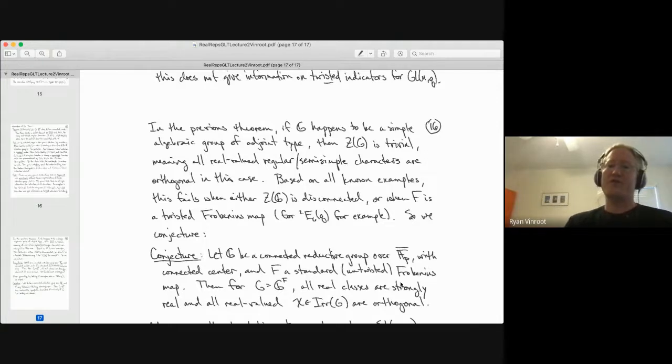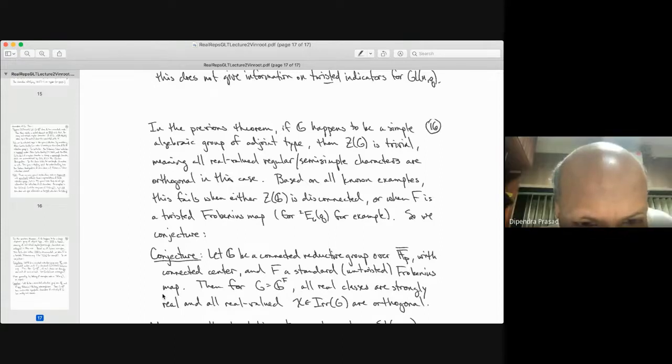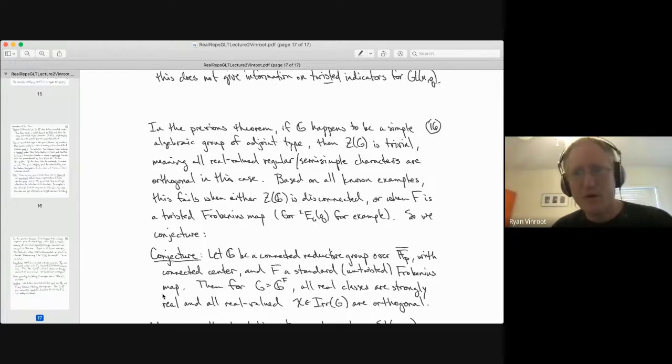So this part, that all real valued characters are orthogonal, I feel like I'm actually quite close to this statement. The statement that the real classes are strongly real, this part I know less about. So in terms of representations, the real valued characters are orthogonal for G2, F4, E7 of adjoint type, and E8.